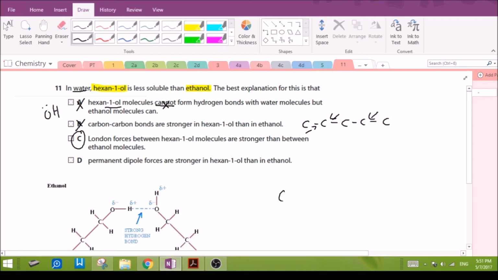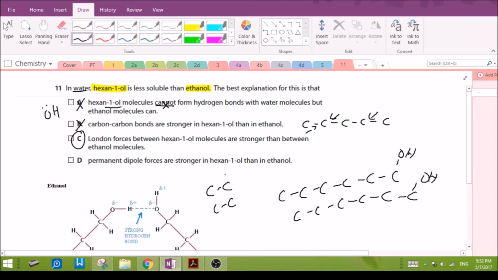Right, we have a longer string, 6-carbon hexanol, right, compared to 2-carbon ethanol. So the London forces among the larger molecule are actually stronger.